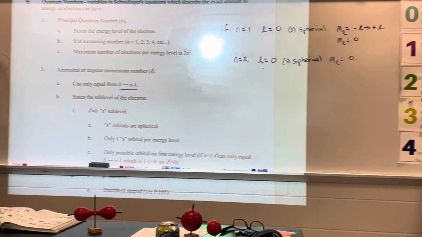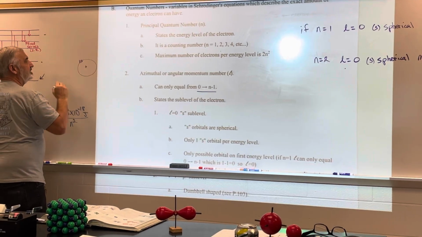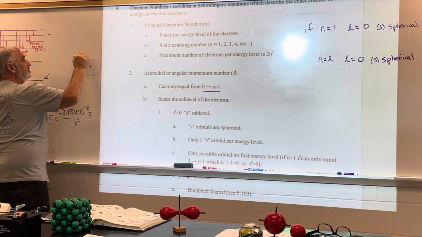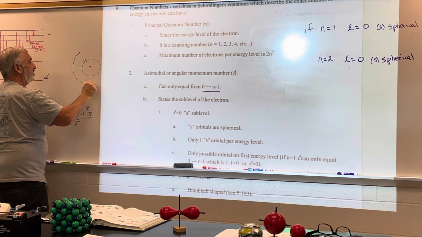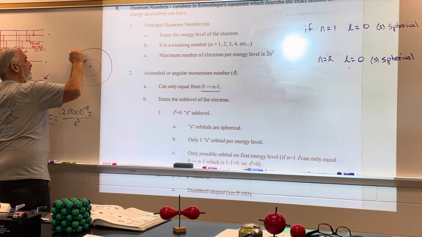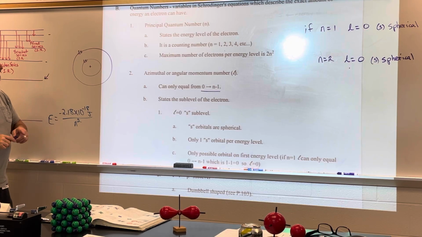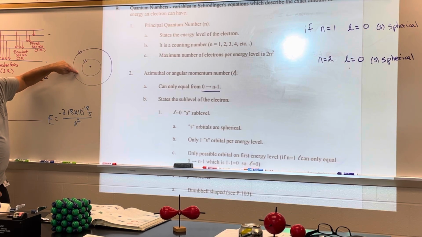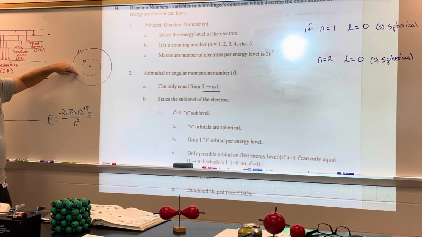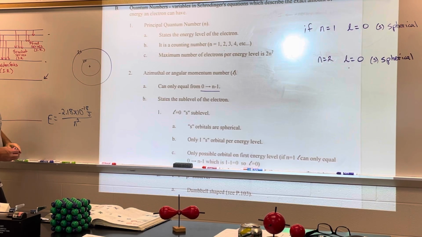On my first energy level, my 1s, but now on my second energy level I have a 2s, a bigger sphere. The region in between is where I have destructive interference, a nodal region with no electrons. The electrons are this distance from the nucleus, and this distance from the nucleus. Very low probability in between.